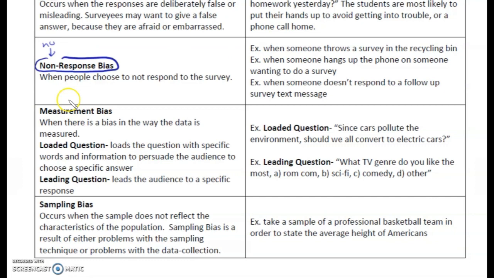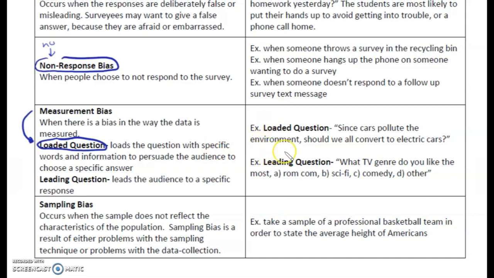Okay, measurement bias. This is when there is a bias in the way the data is measured. A really popular one is a loaded question, and another popular one is a leading question. A loaded question, and this is a subsection under measurement bias, is a question that is loaded with specific wording to persuade the audience to choose a single answer.